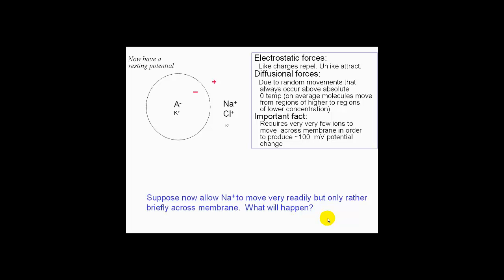It goes a little beyond this course, but as these ions are moving around, there are some pumps that can move them back again, and that happens. But that's a very slow process, so we don't have to worry about it. And moreover, when sodium goes in, it takes very little to make a rather large voltage difference.